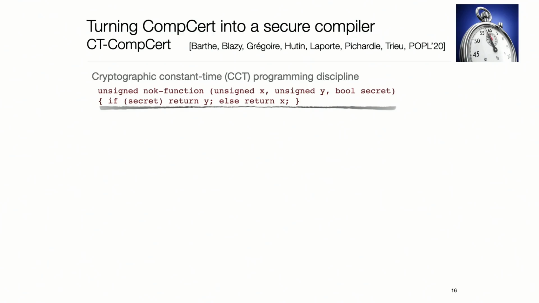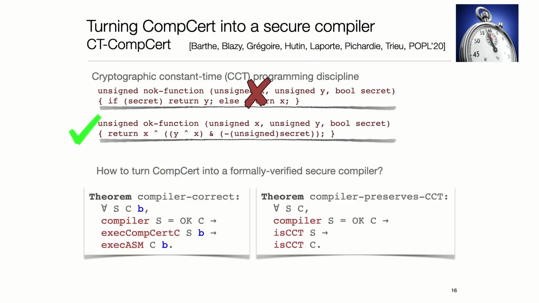For instance, it can be a cryptographic key that the programmer wants to protect in his program. So instead of writing such a function, the cryptographer will use bitwise operators to avoid this branching on secret values. This is what is called a cryptographic constant time program.